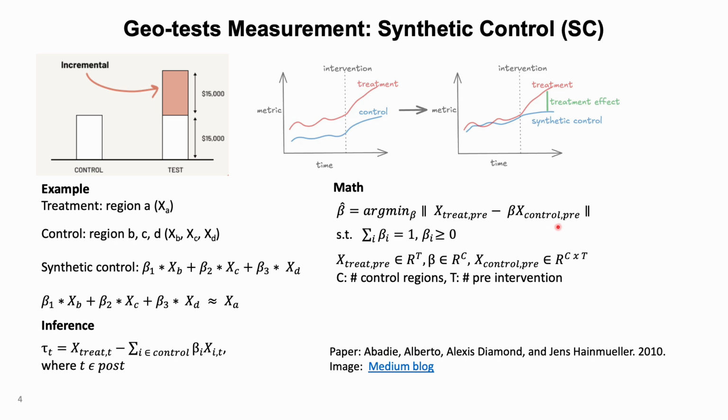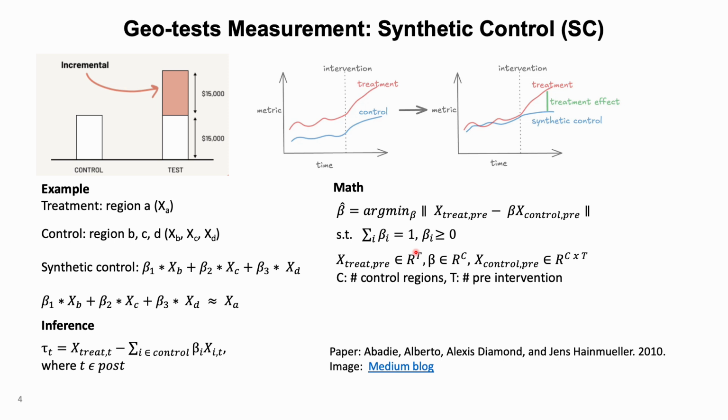Both the data in the treatment region and control regions belong to the pre-intervention time. In addition, there is a constraint for the beta coefficients: their sum across all control regions should equal 1, and the coefficient for each control region should be greater than or equal to 0.